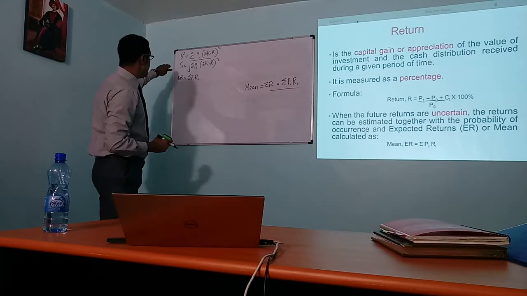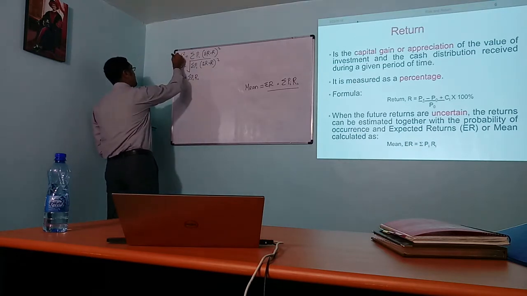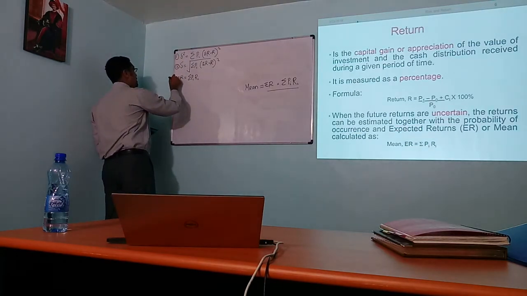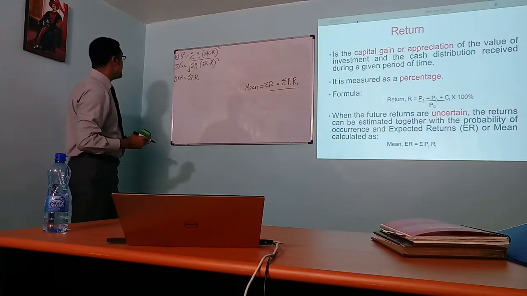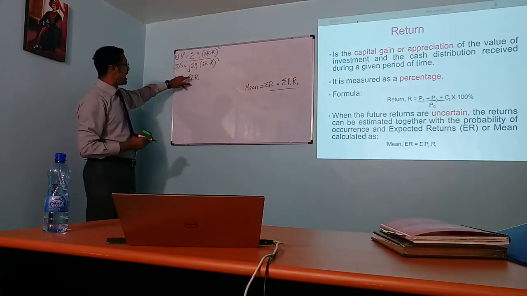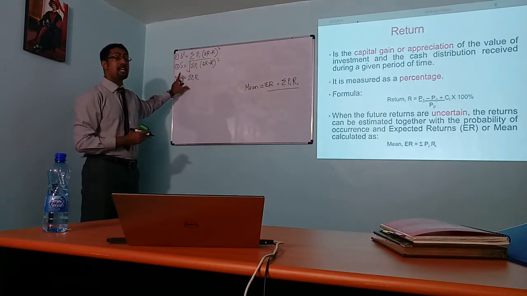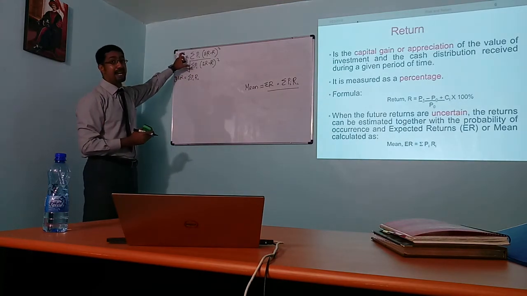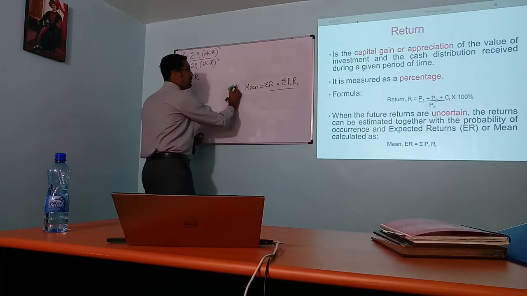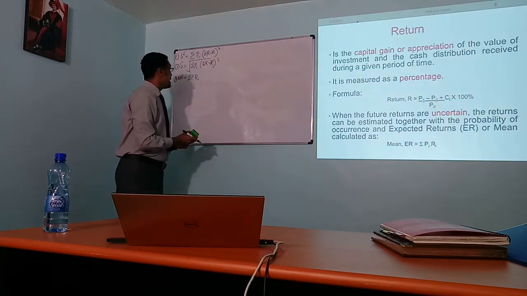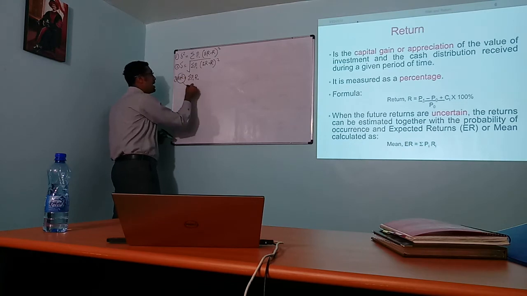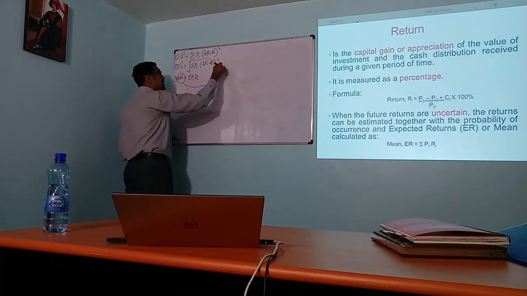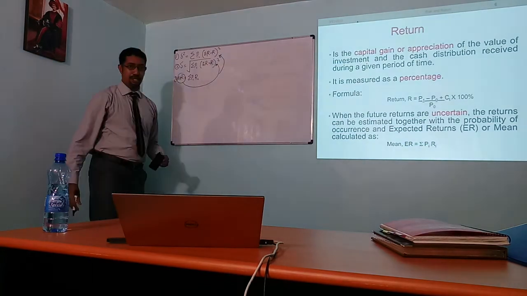Now, with these three formulas, 1, 2, and 3, you can see that we need to calculate returns first so that we can calculate variance under condition of uncertainty. That means we need this formula here to be able to calculate the variance and the standard deviation.